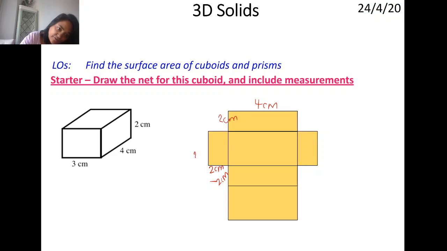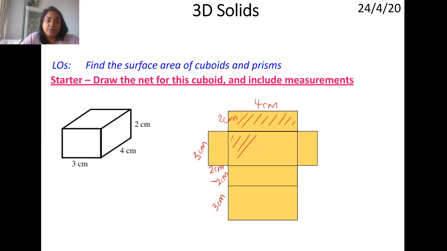We're going to call that our 3 centimeter length, and this also is 3 centimeters. So when we're talking about the surface area, we're looking at the area of all of these panels added together. So the base, the side panel, the top and the end panels.